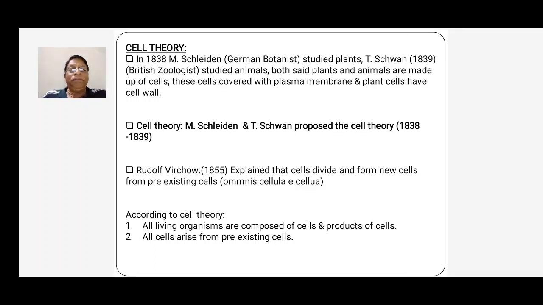Cell theory. Who proposed the cell theory? For 1 mark. As I already told you, M. Schleiden and T. Schwann proposed the cell theory in 1838-39.